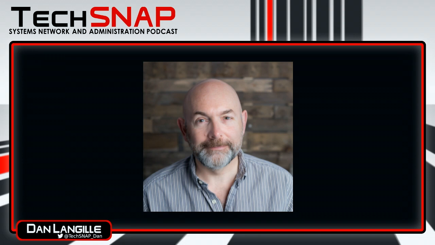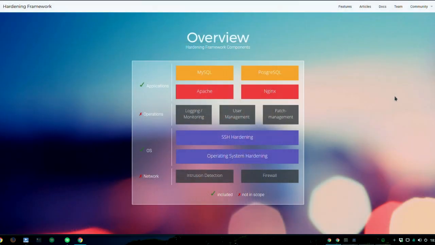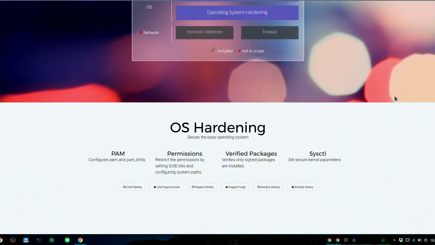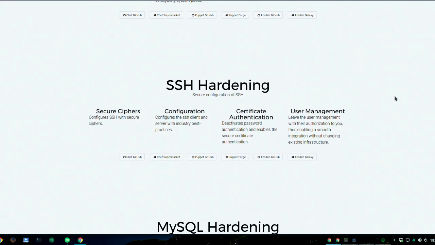Okay, so here's something that's not so rotten. Over at dev-sec.io, here's a hardening framework. It has a diagram, and you click on it and say, I want to harden Apache. It takes you to a Chef GitHub project or a Puppet GitHub project.